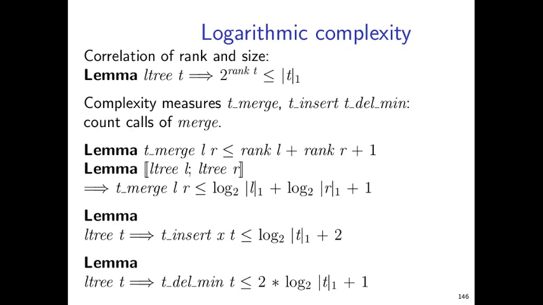But we are only interested in asymptotic bounds anyway. So it's O of log size of t. Usually we are only interested in asymptotic bounds, so even if you have to add some factors here to get the bound through, this does not really matter.